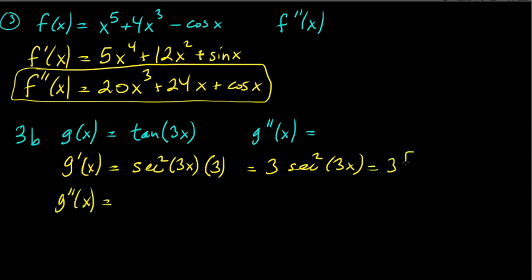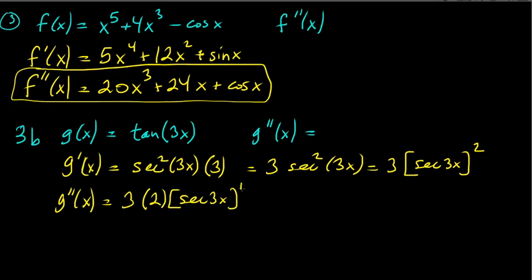So how do we take the derivative of this? Well, we might want to write it as secant of 3x squared. So 3 times 2 times secant of 3x. Don't put a 1 as the exponent because it looks like a prime, like a derivative, right? And then the derivative of secant of 3x by the chain rule. So 3 times 2 is 6 times secant of 3x.